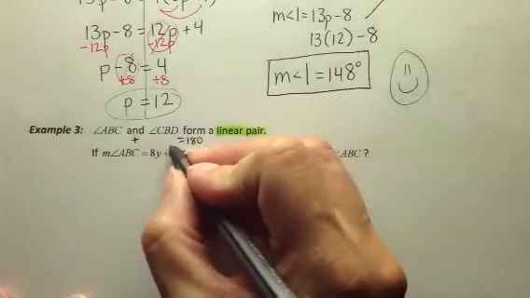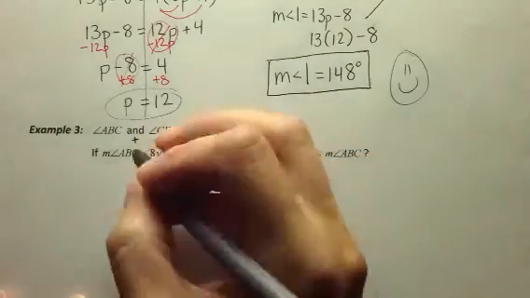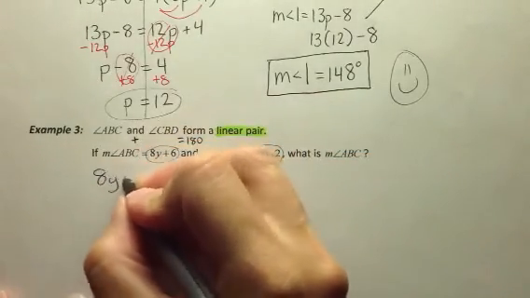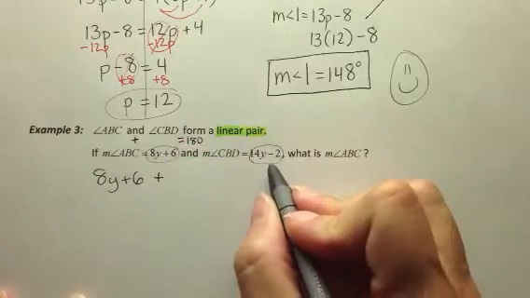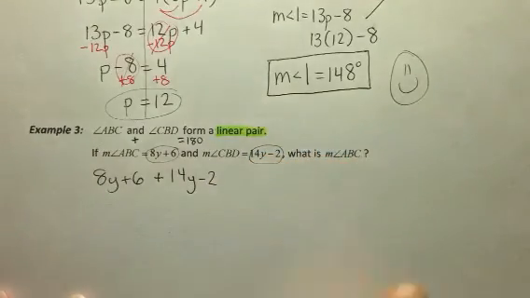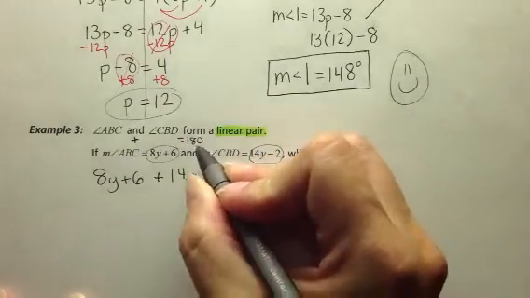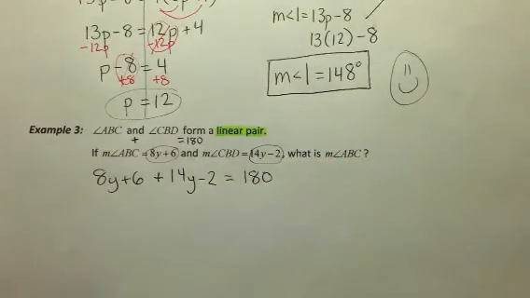Okay, so let's set up our equation. Here's one of my angles. Here's my second angle. Okay, 8y plus 6, and then I'm going to add this angle, 14y minus 2, and it should equal 180. A linear pair are two angles that add up to 180.